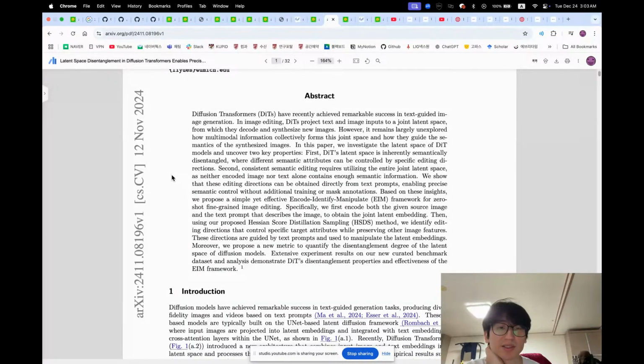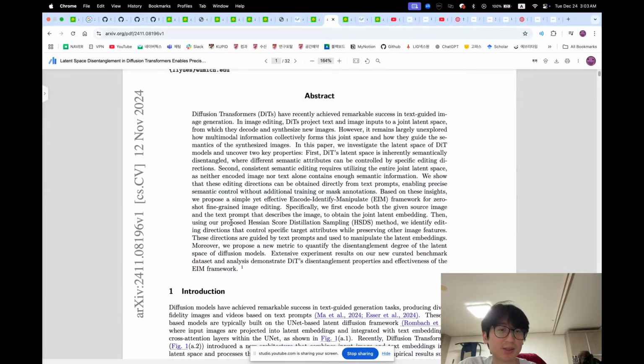First, it's inherently semantically disentangled, with different semantic attributes controlled along different directions. Second, consistent semantic editing requires utilizing the entire joint latent space, as neither encoded image nor text alone contains sufficient semantic information. We show that these editing directions can be obtained entirely from the text prompt, enabling precise semantic control.